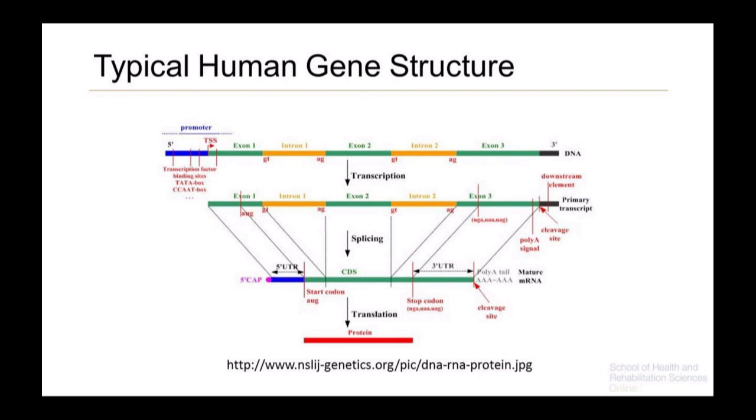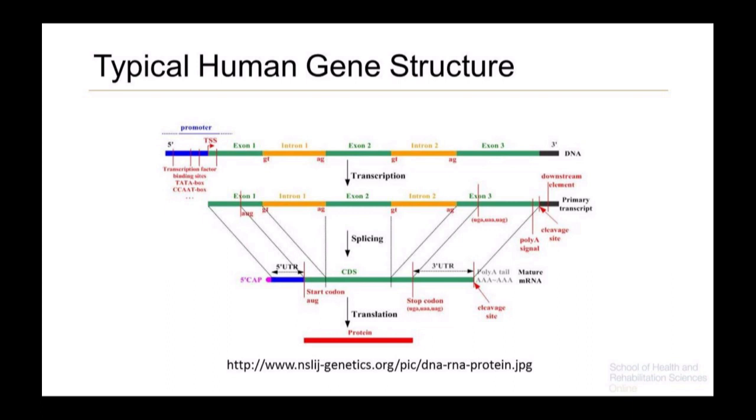A transcription factor can recognize these sites and bind to them. Once the transcription factor binds to the sequence, it makes a copy of the sequence. What we obtain is a primary transcript. It's a copy of this sequence.